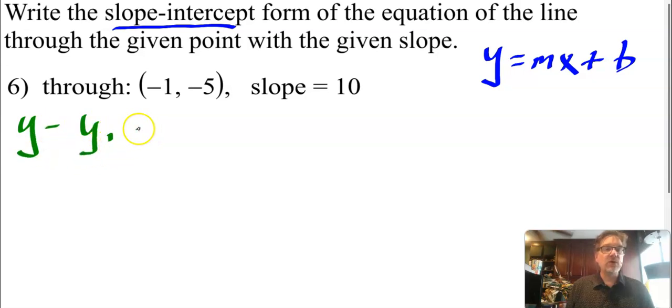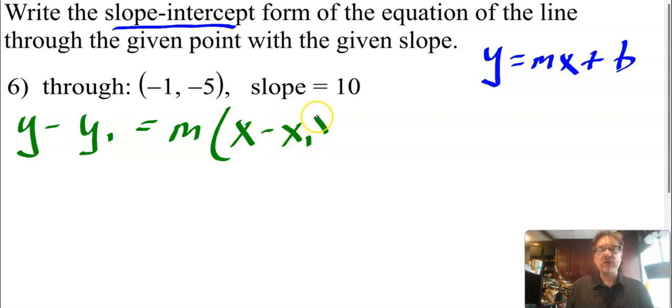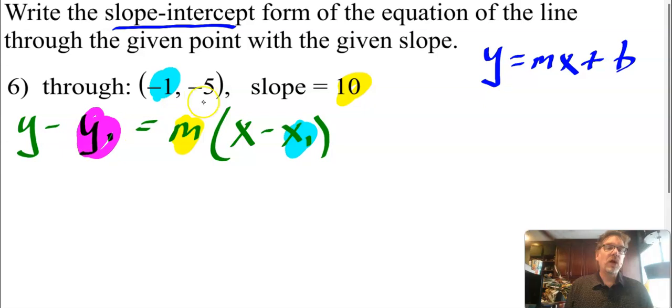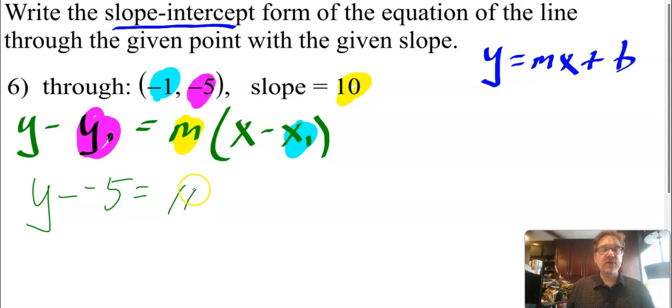Y minus y1 equals m times x minus x1, where we have slope, that's my m. x1 is the x value of the point, and y1 is the y value of the point. So when I plug things in, I'm going to get y minus negative 5 equals 10 times x minus negative 1.